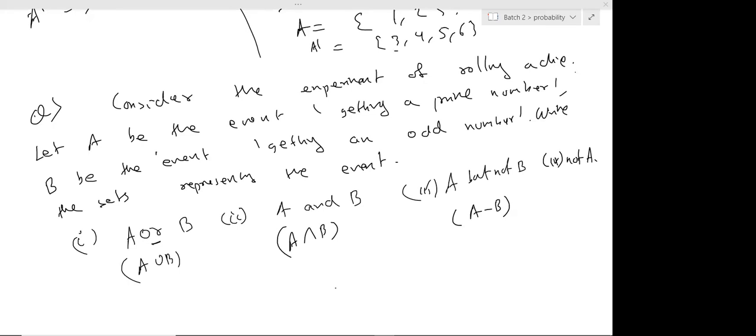Solved it? Peer, have you solved it? No. All right. See, Peer, can you tell me what is set A here? Set A is getting a prime number when you roll a dice. So what are the elements here?